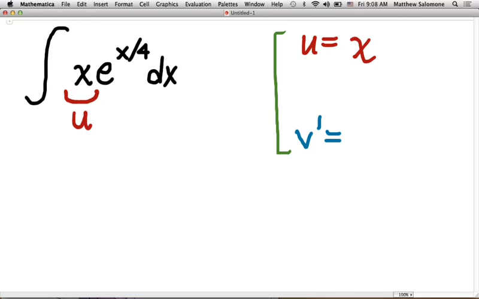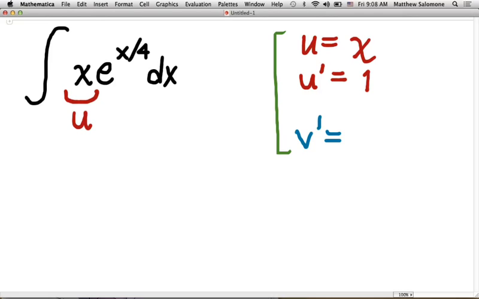So let's think strategically again. If I pick u to be x, then what's u prime? 1. And 1 is a whole lot easier to work with in integration than x was, because 1 is a constant we can pull out of an integral. So choosing u equals x would seem to be a good idea because its derivative is much simpler than u was.